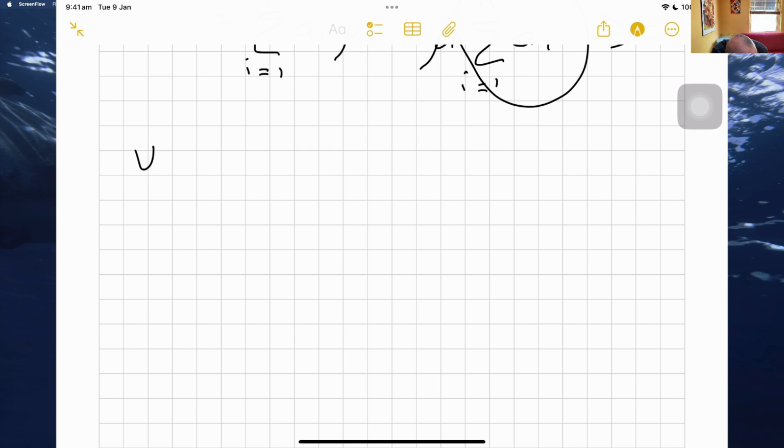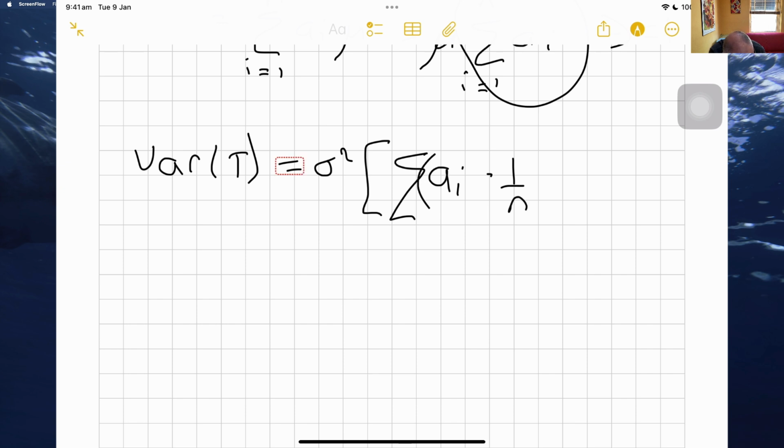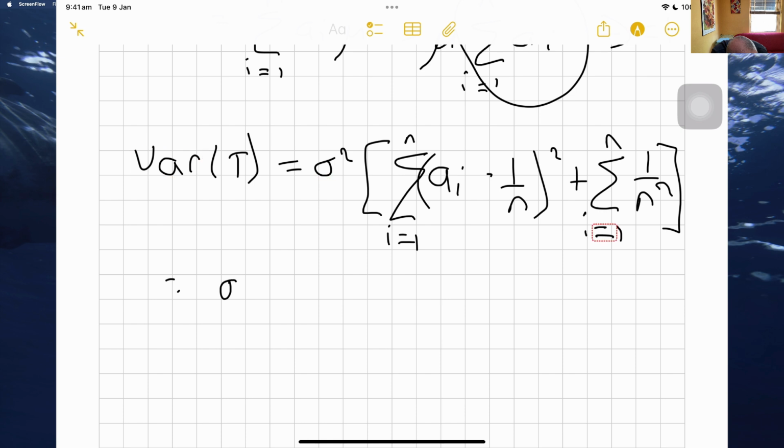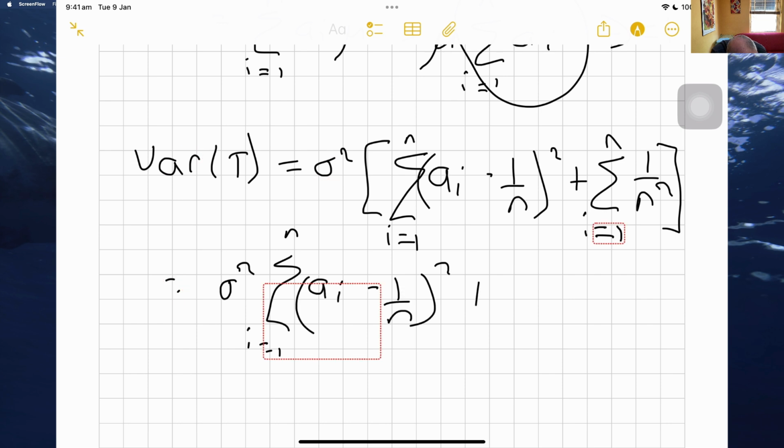So let's just write down what we've got. We've got the variance of t equals sigma squared times the summation of ai minus 1 over n, squared, plus the summation as i goes from 1 to n of 1 over n squared, which equals sigma squared times the summation as i goes from 1 to n of ai minus 1 over n squared, plus, well, we've got n lots of 1 over n squared, so that's 1 over n.